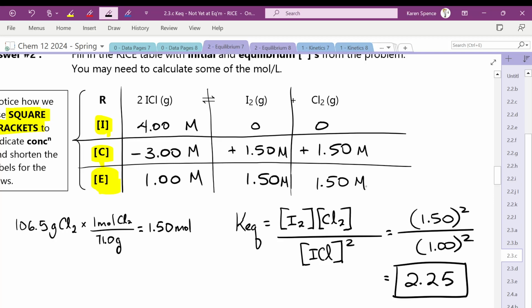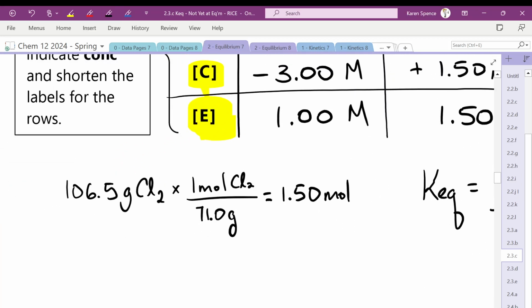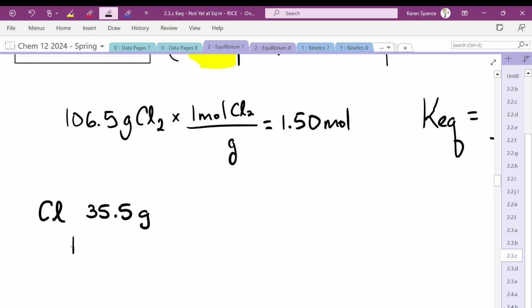And the one thing I'd like you to notice about sig figs, and I did not make this big enough to really see, the molar mass of Cl is 35.5 grams. So if I add 35.5 and 35.5, I get 71.0.